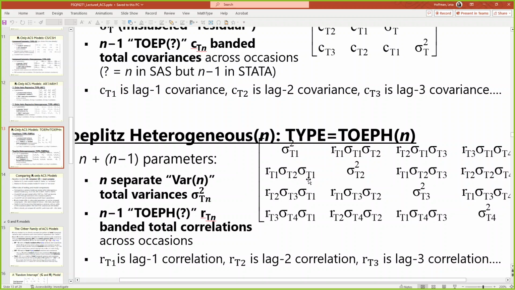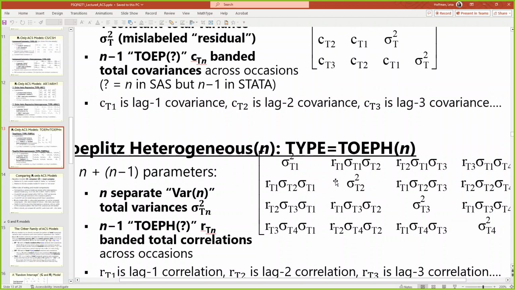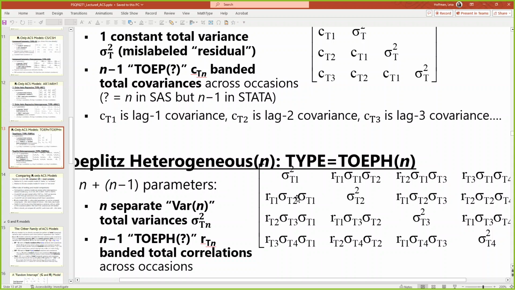So this is an example of how you could build an element of an R matrix out of the ingredients. You would have the lag 1 correlation times the standard deviation of one of the occasions times the standard deviation of the other. And if you're in a homogeneous structure, then you could just say the variance because all the variances are the same. So there's a shortcut in that regard.